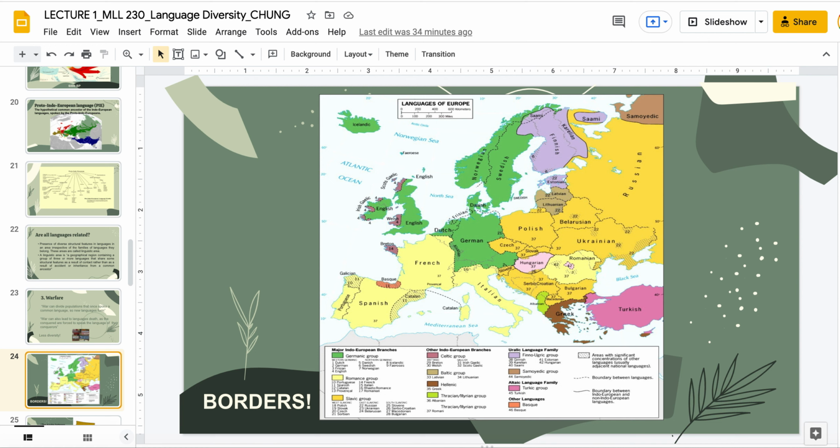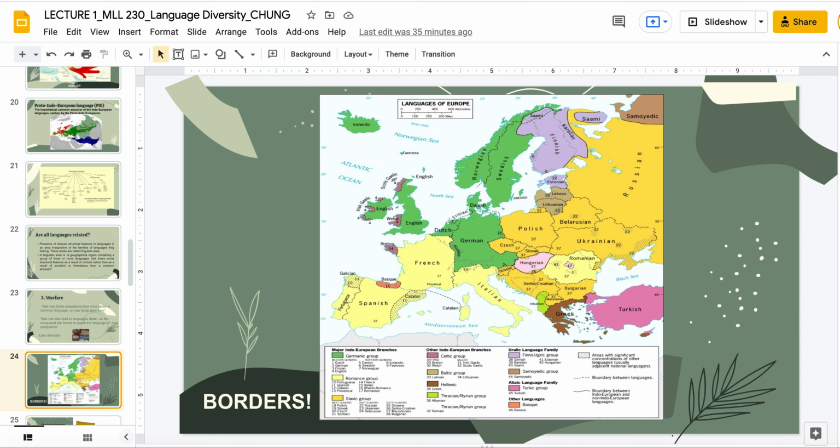Borders. You'll see this with a lot of borders, right? Like the borders really represent the aftermath of all these long wars. People going around Europe conquering, whatever, Vikings coming and bringing their language, or Napoleon coming and changing the language. And so, you'll be able to see a lot of these different languages depending on these warring factions, right?